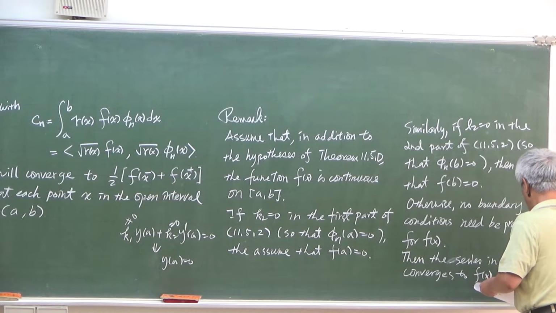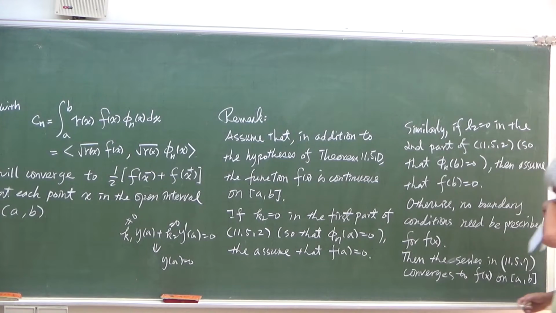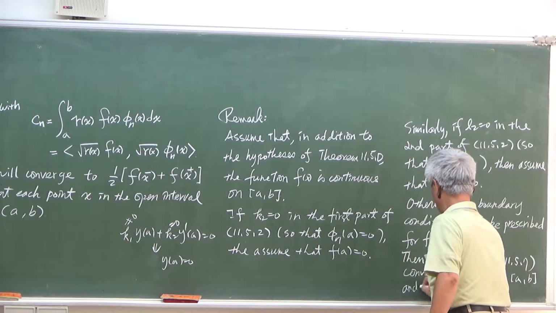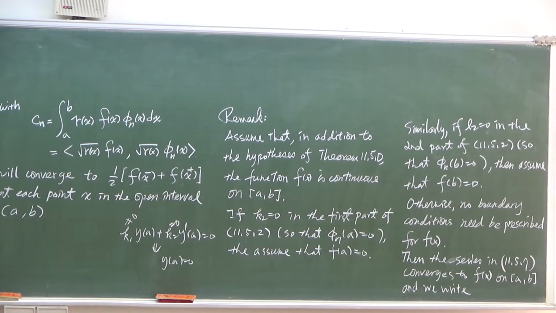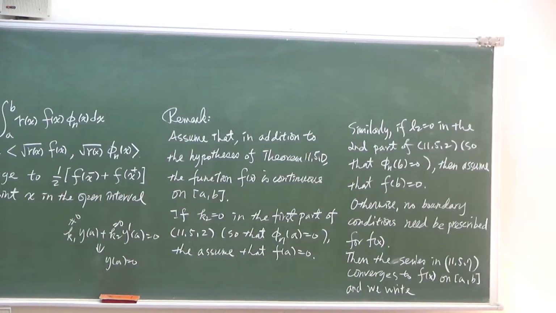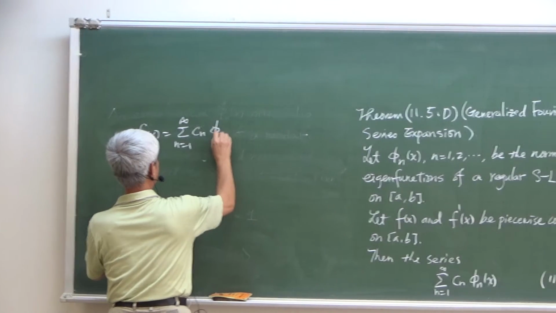On what? On the whole closed interval, including the boundary points. Okay? Including the boundary points. And we write f of x equal to the sum of Cn times phi n of x.